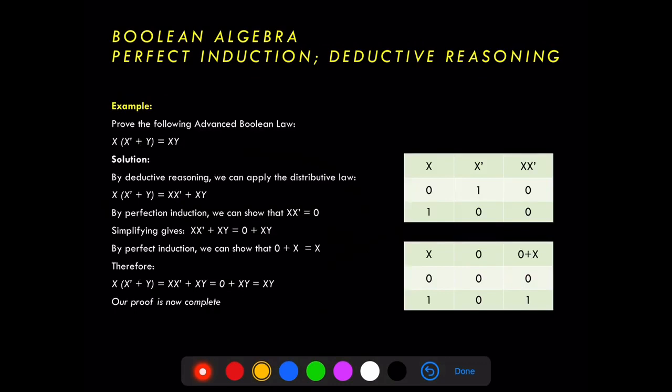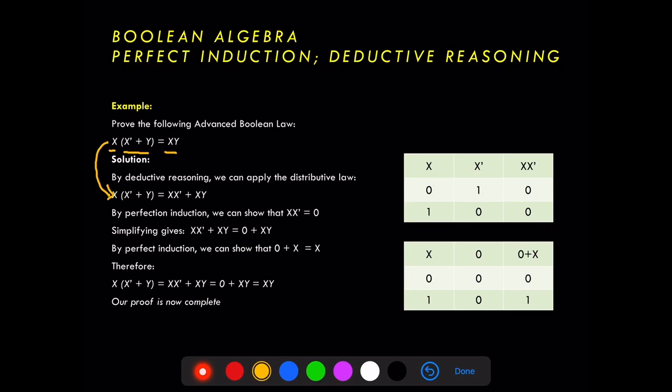In this next example, we can prove the advanced Boolean law that x and x naught or y is simply equal to xy by again using a combination of deductive reasoning and perfect induction. We'll start here with the left-hand side of the equation, and we'll go ahead and multiply it out.